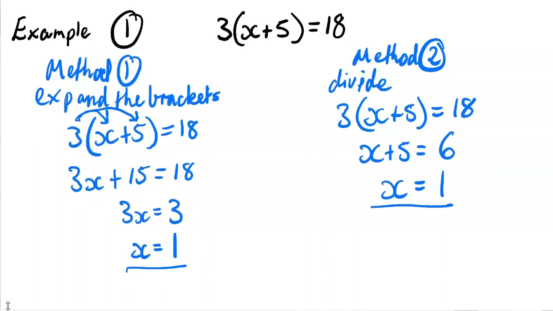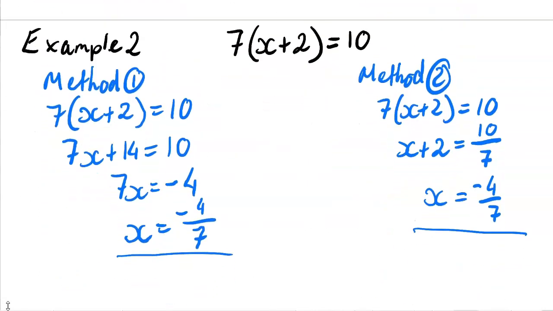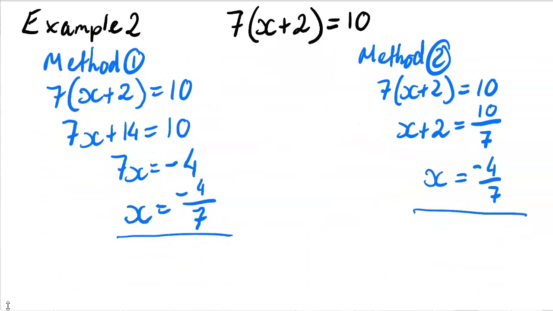But again, this is something where you decide which method you're going to use based on the question. You know, this is the fun thing about algebra. You can get to the same answer a few different ways. And it really depends on what the question looks like.